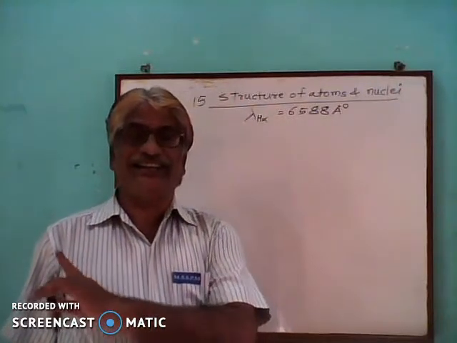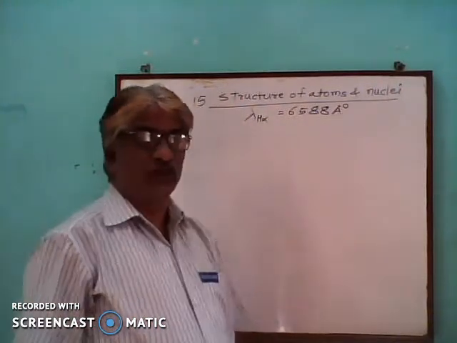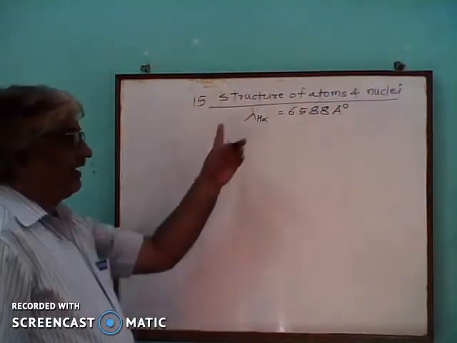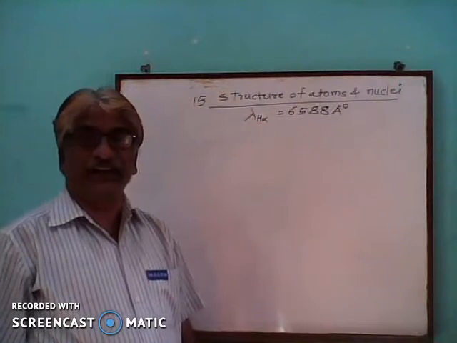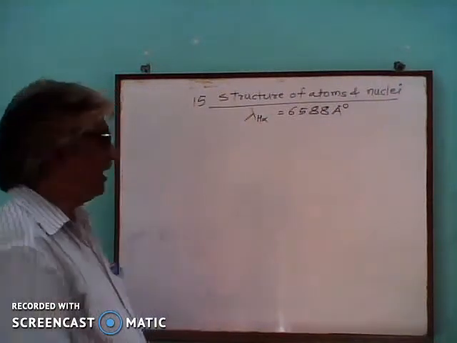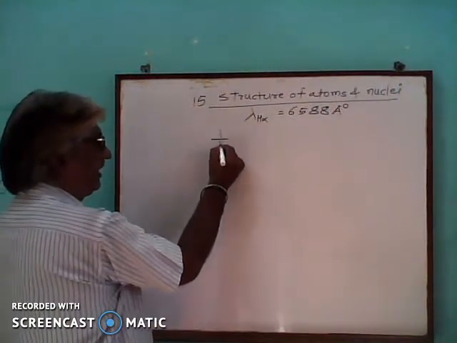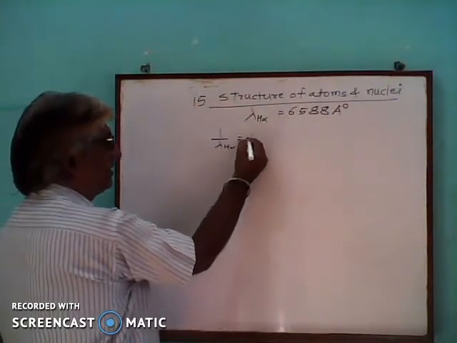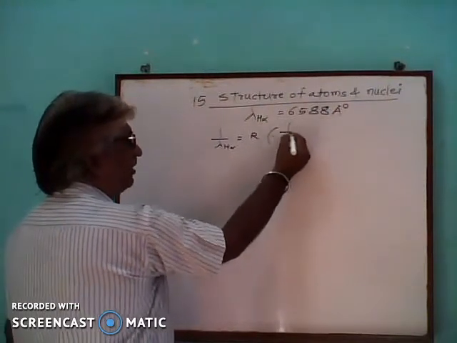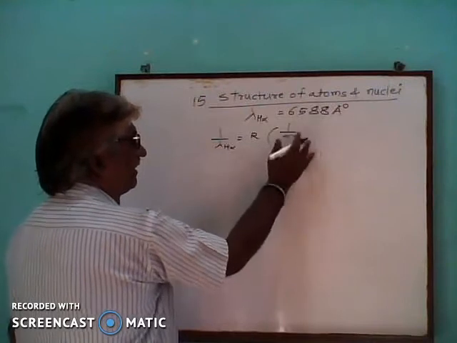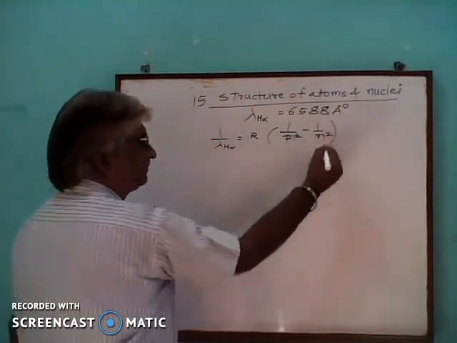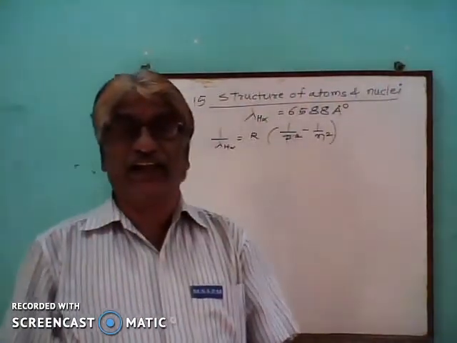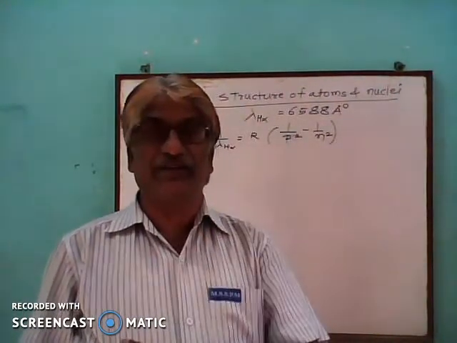of H delta line. So here for H alpha line we can remember that using Bohr's formula, 1 upon lambda H alpha is equal to R in bracket 1 upon P square minus 1 upon N square. H alpha line is the first line in Balmer series.